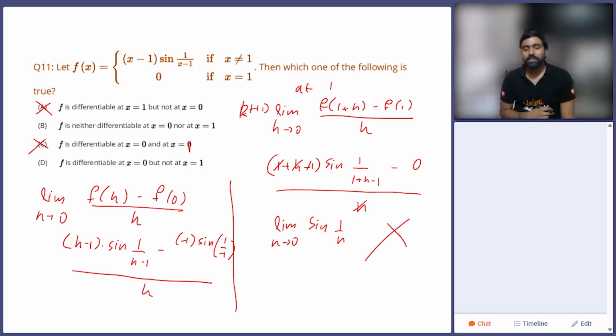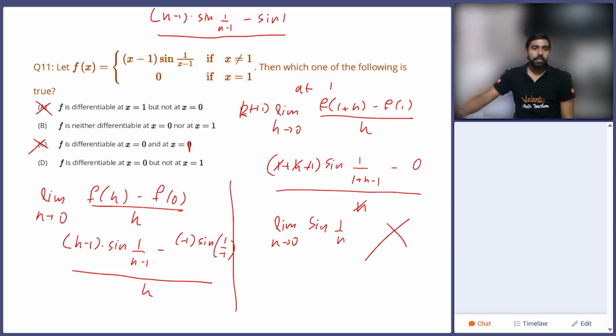And what I have is a form which looks like 1 into sine 1 and, sorry, minus sine 1. So basically this is h minus 1 into sine of 1 upon h minus 1, minus minus sine of 1, whole divided by h. Now look at this, when limit h is tending to 0, in the numerator you have minus 1 sine of minus 1, basically 1 sine 1, divided by h in this expression.